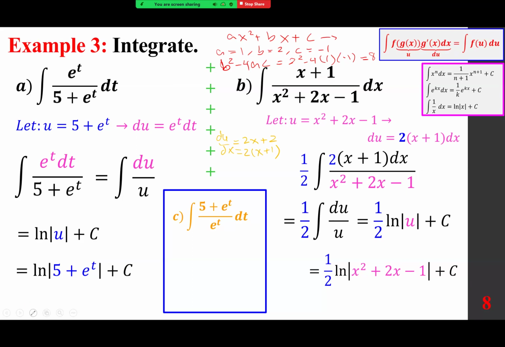And in this case, when I do this one, I get 5e to the power minus t. When I do this one, I get 1, and I no longer need to use the substitution method because this, you divide by -1, becomes minus 5e to the power minus t. This one becomes t, and a constant, you're done.